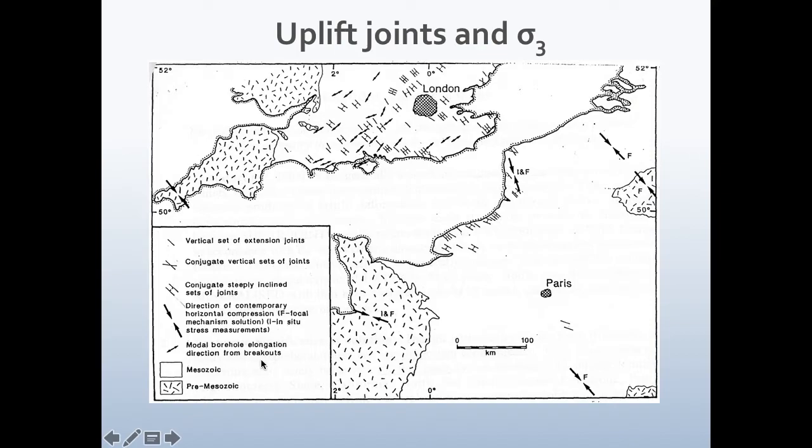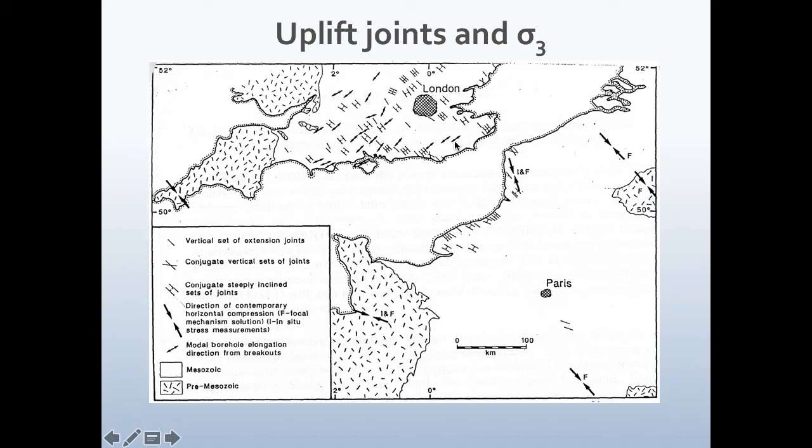When drill holes are made for various purposes, water wells, oil wells, they will often collapse or fracture, and so that gives us an idea of the stress directions that are currently being experienced. This is the elongation direction.